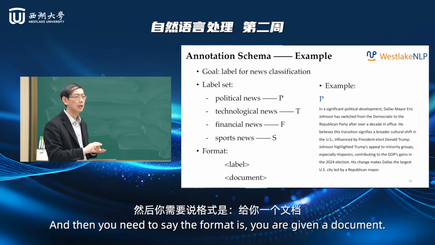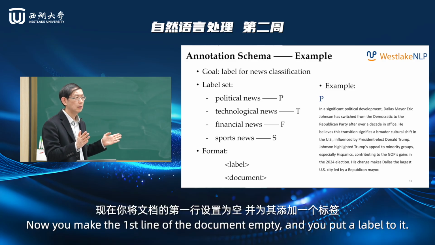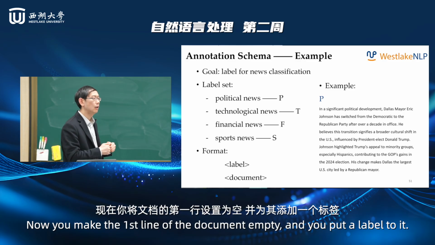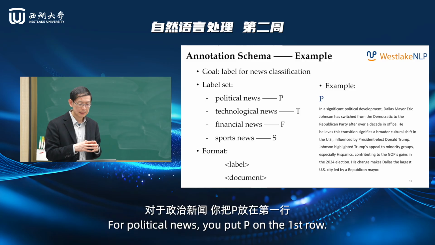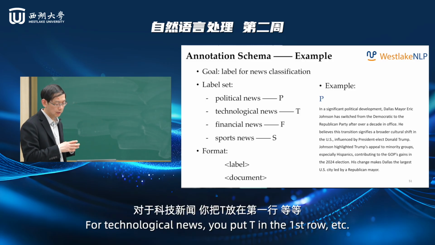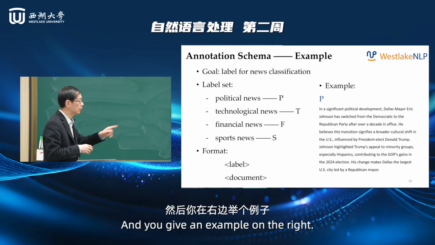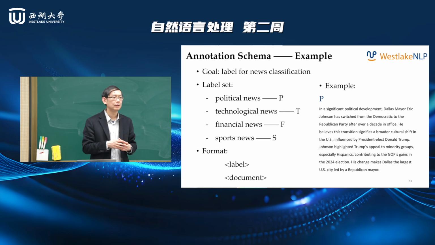The format is: you're given a document, you make the first line of the document empty and you put a label in it. For political news, you put P on the first row. For technological news, you put T in the first row, etc.